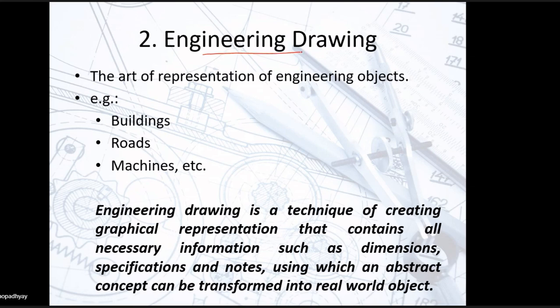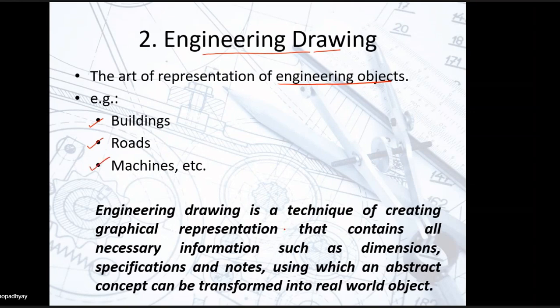To convey any engineering information, we have engineering drawing. That can be anything, drawing of buildings, road, machines, some circuit diagram, etc., etc. Right? So the art of representation of engineering objects is done with the help of engineering drawing. So you can have buildings, you can have roads, or you can have machines.